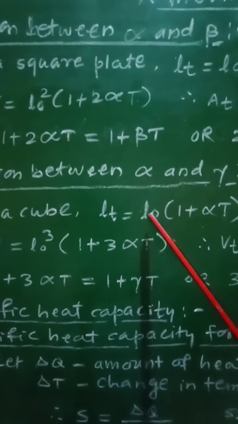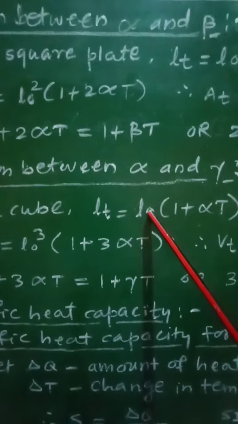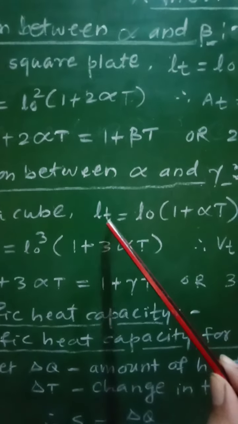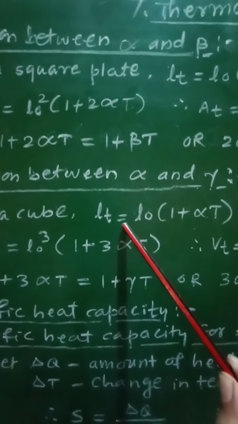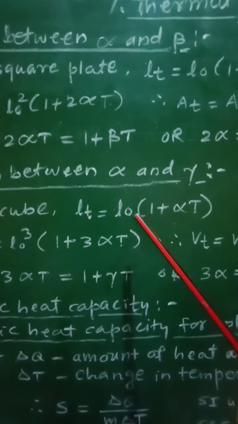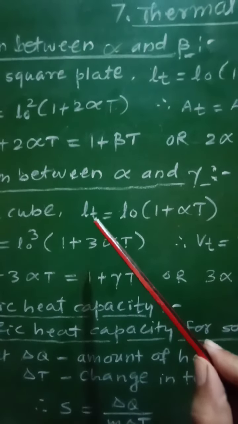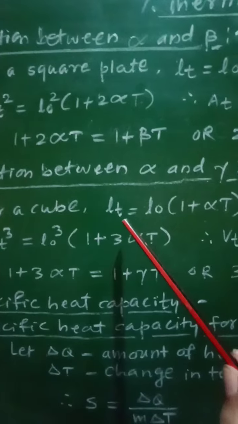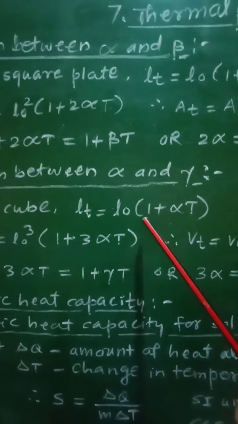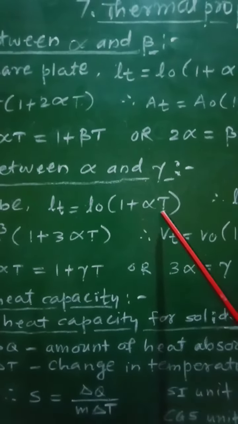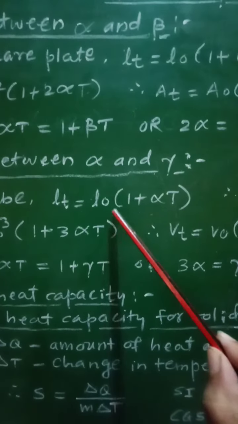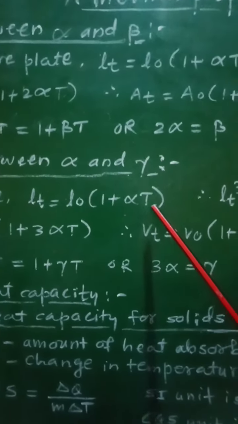Then it is heated to temperature T so that its final length becomes equal to LT. Again, by using the concept of linear expansion, we can write for that cube LT is equal to L0 into 1 plus alpha T.